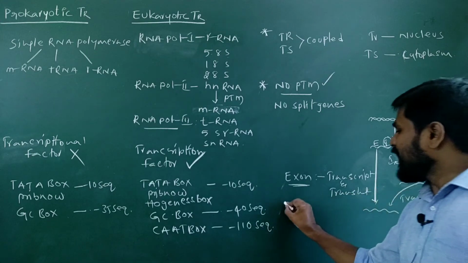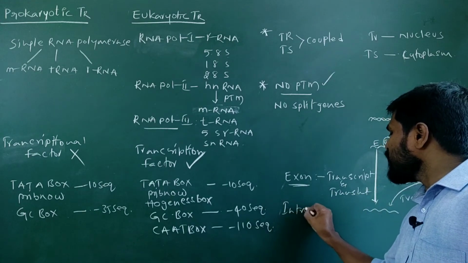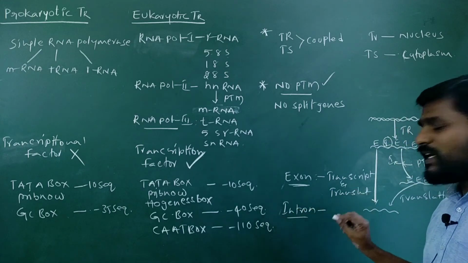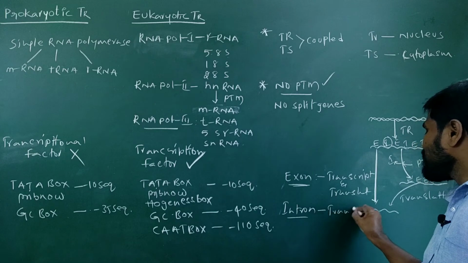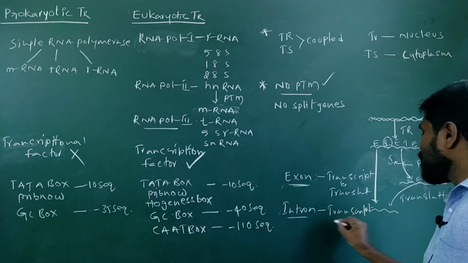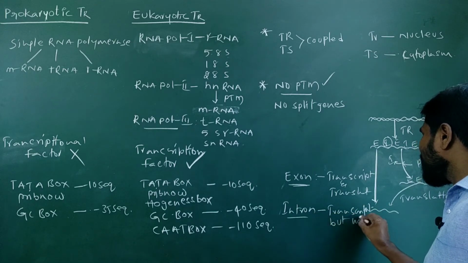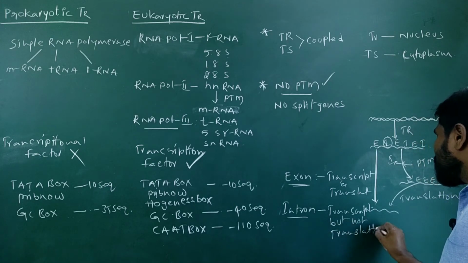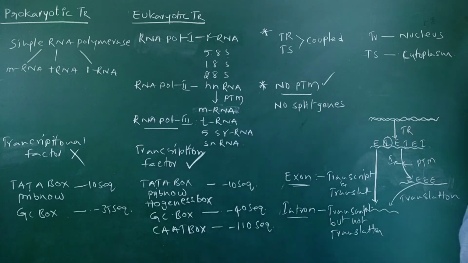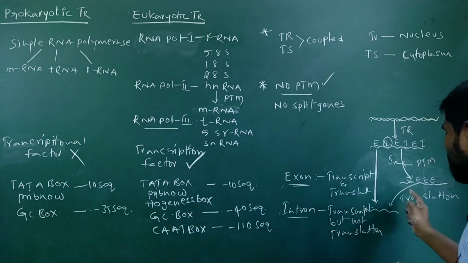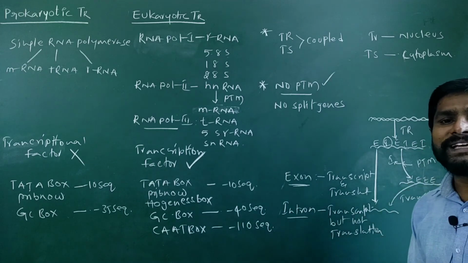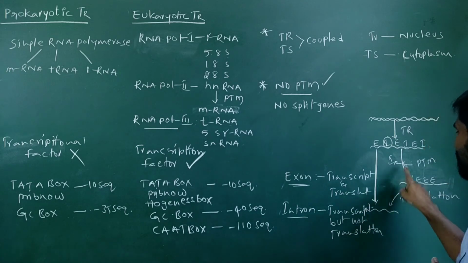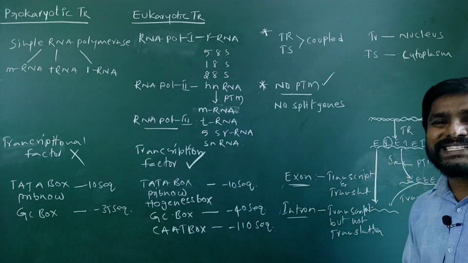Okay, and introns are the non-coding regions of the eukaryotic DNA which can only undergo transcription but not translation. They cannot be involved in translation. Before translation, the primary RNA transcript undergoes post-transcriptional modifications, during which these non-coding regions, introns, get excised.